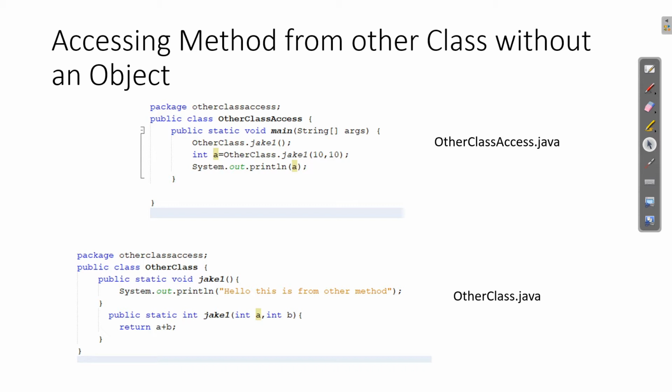So what you can do is instead na i-copy-paste mo siya papunta dito kay other class access, pwede mong gawin is to call yung method na lang na ito. Okay? So i-call mo na lang to and then para magamit mo siya dito. So basically, anong advantage nito? For example, halimbawa, 10 yung naging instance ng method na to.